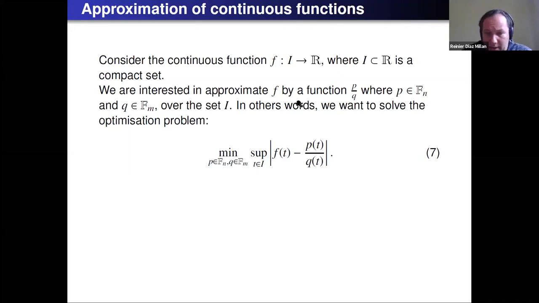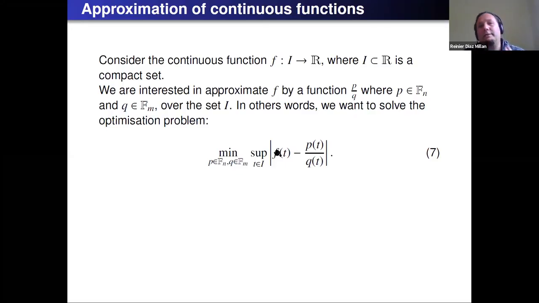The maximal deviation function is the supremum over I. As I is a compact set, we can substitute sup by maximum. It's not a problem, because the maximum will be realized at a point. And this is a problem of rational approximation.